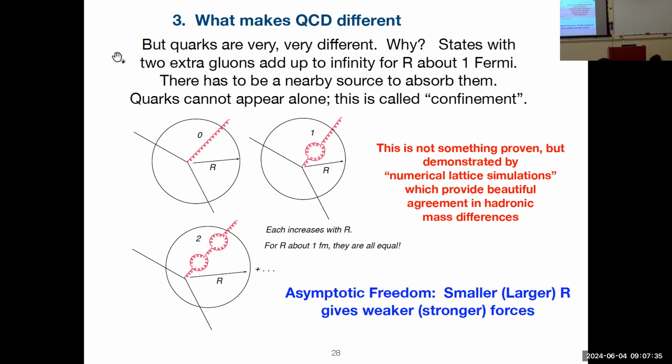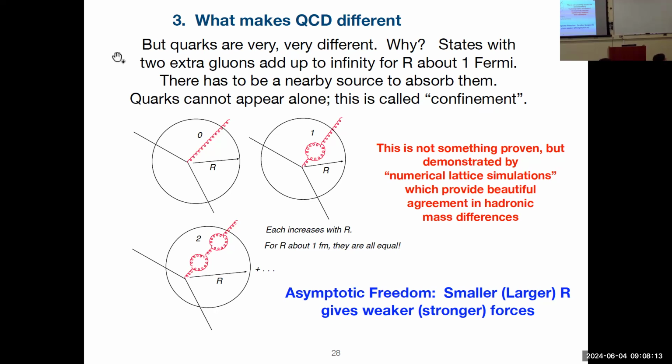And if we wanted to know how far light would go while the virtual state lived with an energy deficit of 1 eV, what should we multiply this by? This is 1/200 MeV, which is 2 times 10 to the 8th eV.